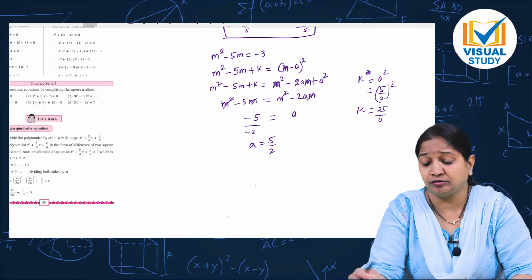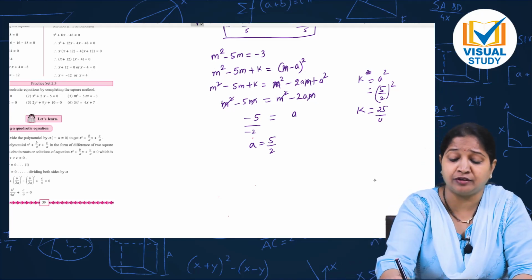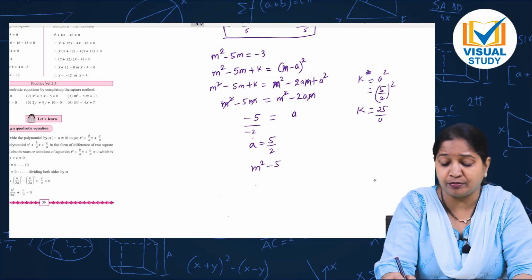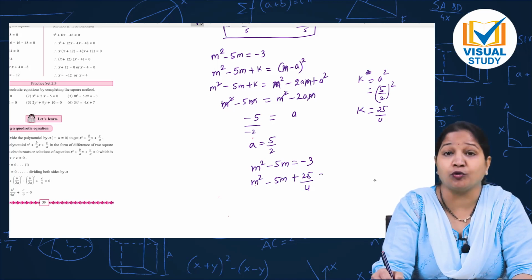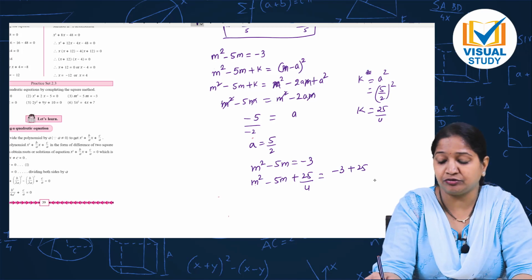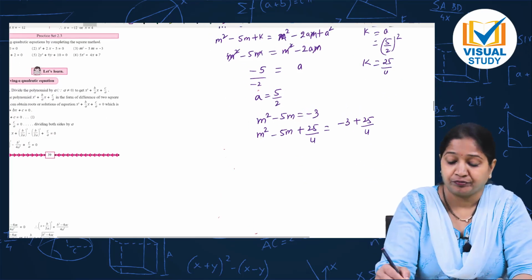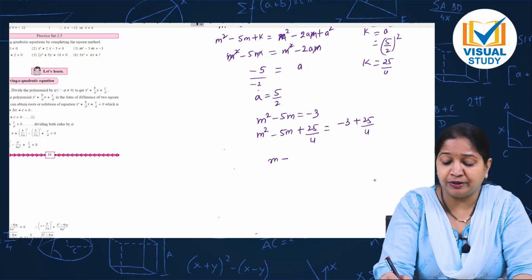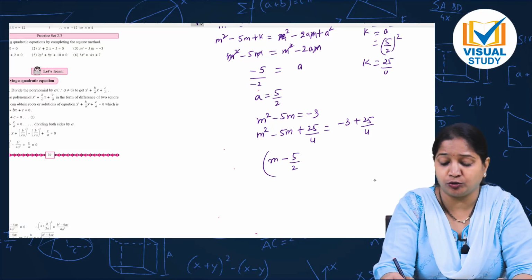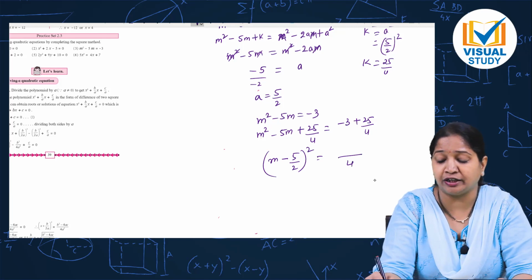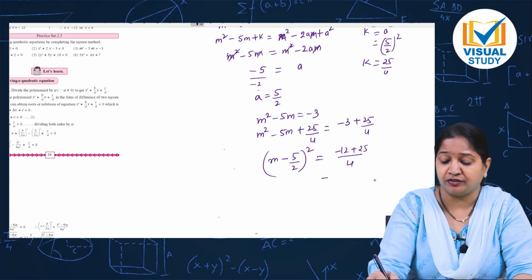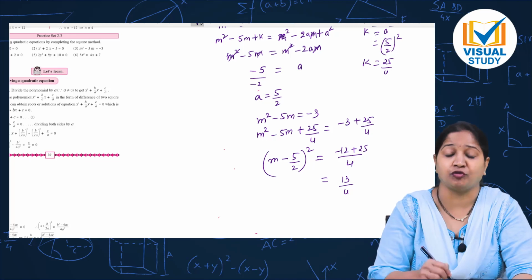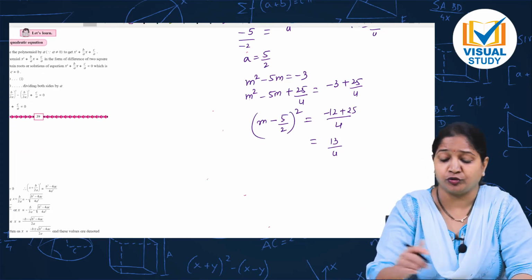So adding k that equal to 25 upon 4 to both the sides in equation, m square minus 5m equal to minus 3. m square minus 5m plus 25 upon 4 equal to minus 3 plus 25 upon 4. Now it will be in the form m minus 5 upon 2 whole square is equal to, take out the LCM here, 4, minus 12 plus 25 and you get 13 upon 4.